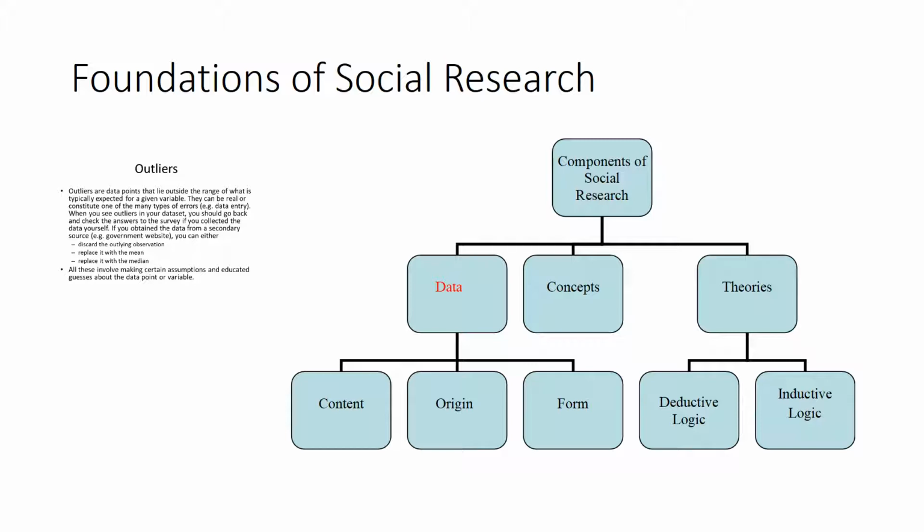Whether you want to replace them with some other more reasonable values or you want to throw them out right away. It depends on the purpose of your study. So, what we are going to do with outliers, extreme data points, depends on the assumptions we make and the educated guesses we make about the variable or the data point.